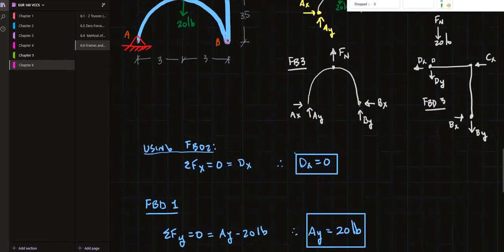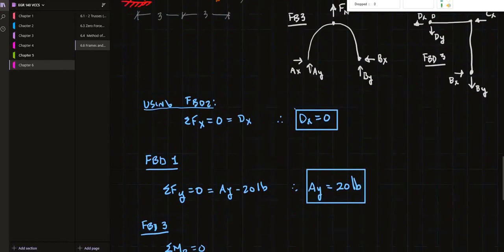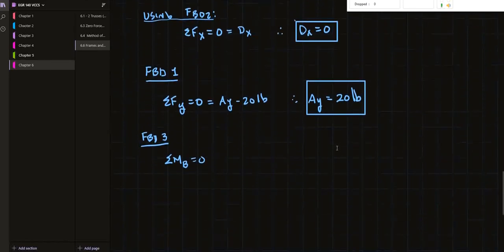I'm going to choose B over here because it eliminates those two unknowns over there. And I know what AY is, and AX goes through that point. So I'm going to get this minus AY times 6 minus F times 3. Sorry. So therefore, force F is going to equal minus 40 pounds.